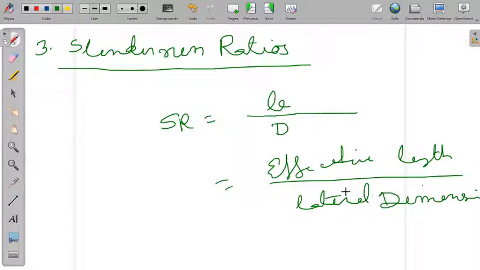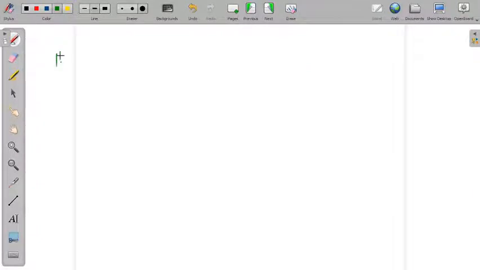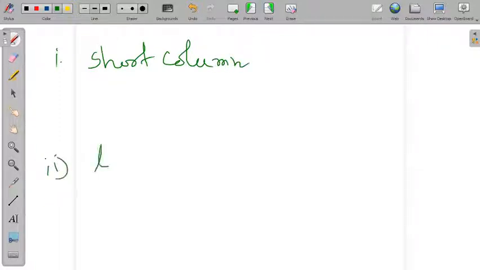Now based on this we can differentiate the column into two categories. One is called short column, and another is called long column.